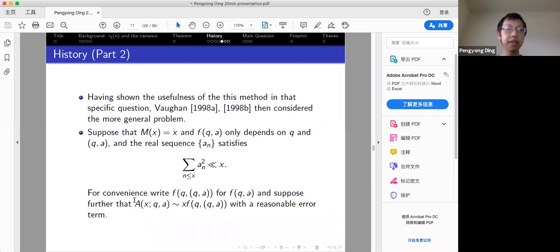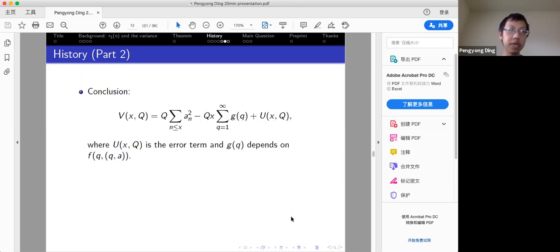We suppose further that A of S, q, and a is asymptotic to x times the local property f, which depends on q and the greatest common divisor of q and a, with a reasonable error term. They got the conclusion that V of N, Q equals Q times the second moment sum minus Qx times the sum of the series G of q, plus U of S and Q, where U of S and Q is the error term and G of q only depends on f.